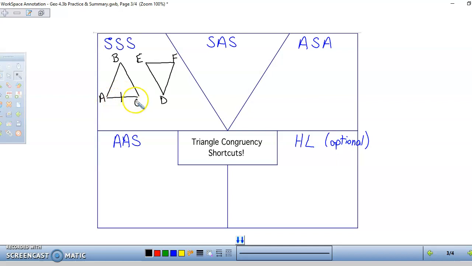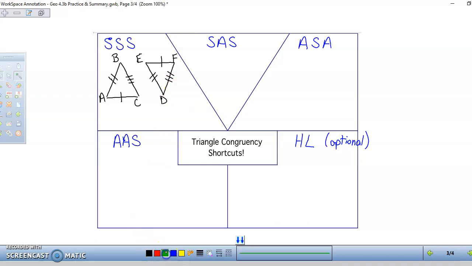So if I have this side congruent to this one, and then AB congruent to ED, and BC congruent to FD, these triangles are marked with side, side, side. So these triangles could be proven to be congruent by side, side, side.